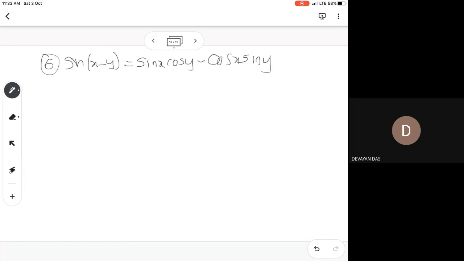This is the sixth one. How can we prove this? The same way, by replacing. Otherwise, in the previous result, replace y by minus y.